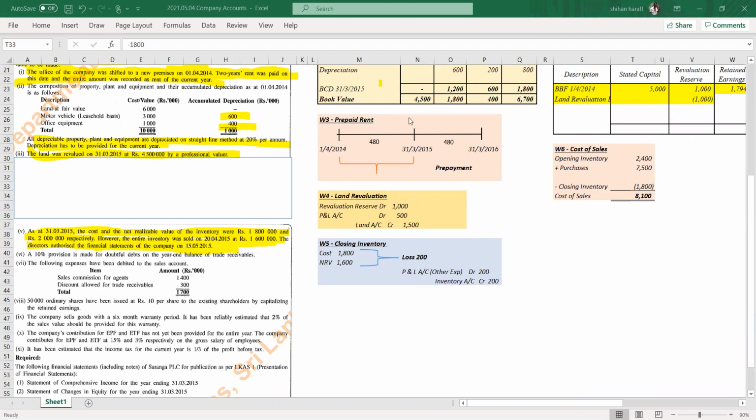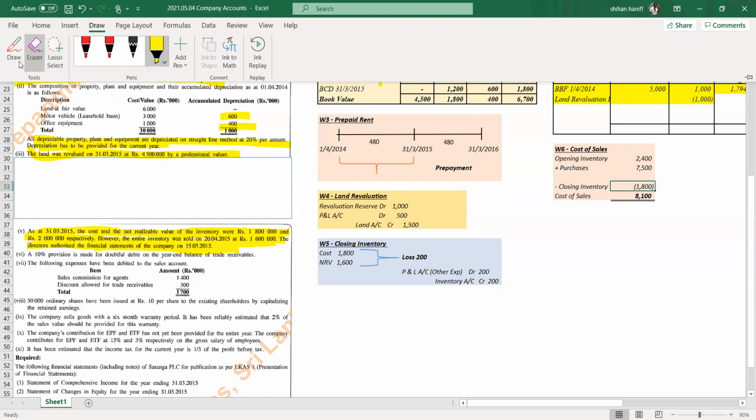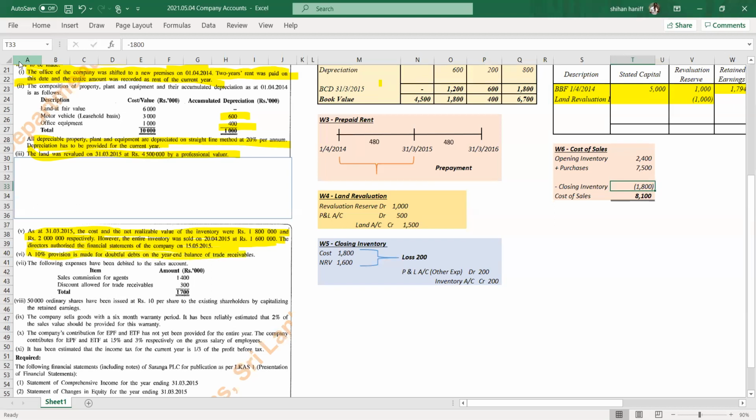Let's do the next question. Next assessment. Percent provision is made for doubtful debts on the year-end balance of the trade receivables. Right. So 10% doubtful debts.